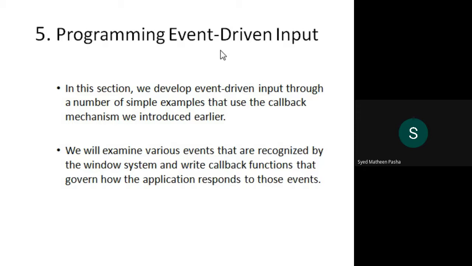So it is necessary to write these kinds of functions to process specific events and set them as callbacks in the program, that is, in the specified window. Whenever we call a keyboard function or a mouse function, we call that callback function in the program. That is what it specifies.